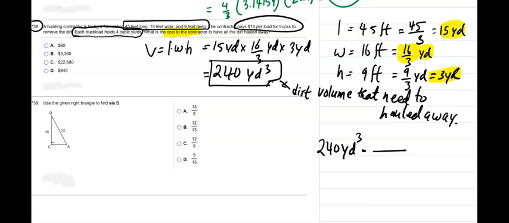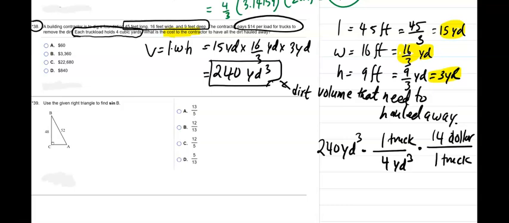Notice that one truck holds 4 cubic yards. So I multiply 240 cubic yards by 1 truck over 4 cubic yards. Notice that one truck charges $14, so I put another fraction next to that, 14 over 1, because one truck costs $14.